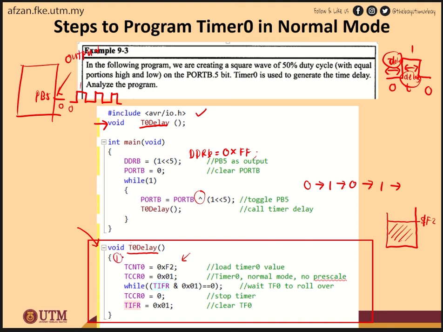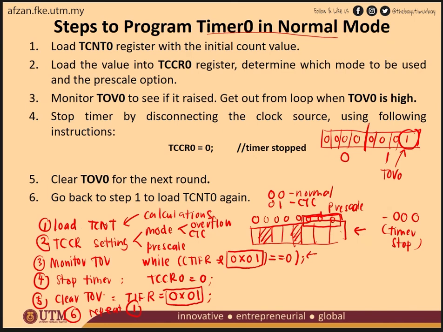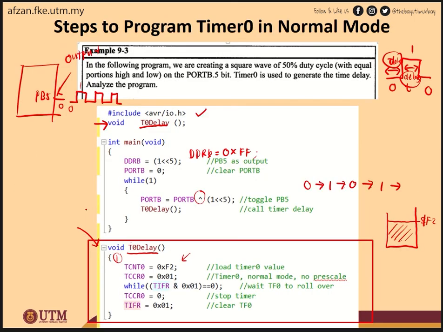This is the first step: I load my TCNT0 with F2. Load TCNT0. And then the second step here is to set TCCR0 equal to 0x01.